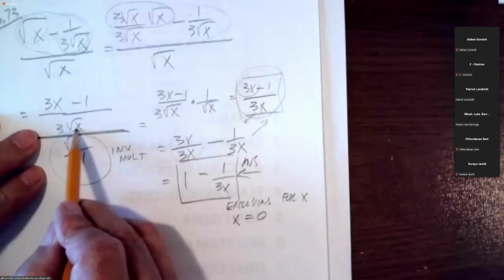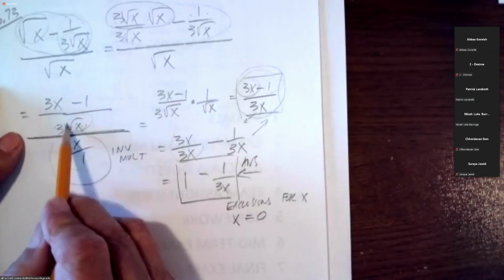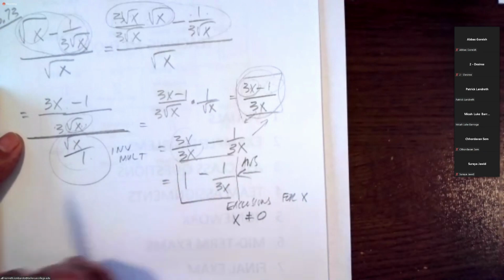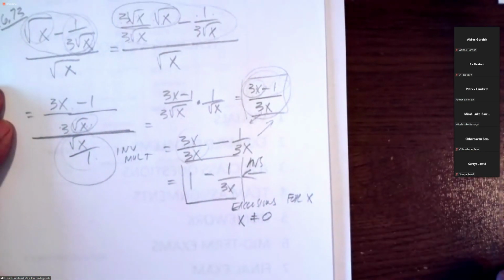Well, if it were a 0 here, then this denominator would be 0, and we can't have a 0 in the denominator. So x cannot be 0, can it? Does that make sense? Yeah.